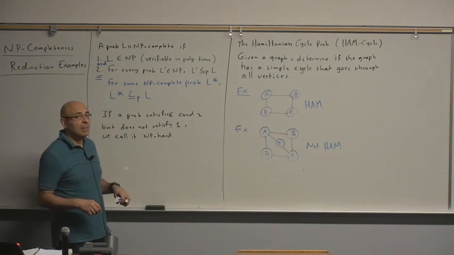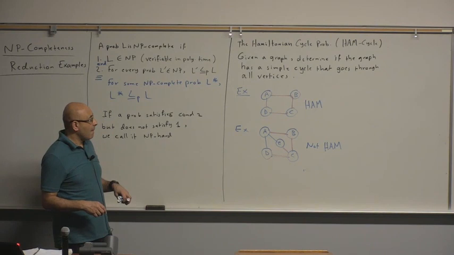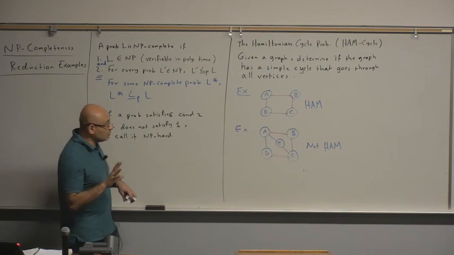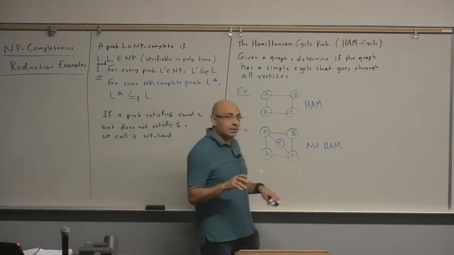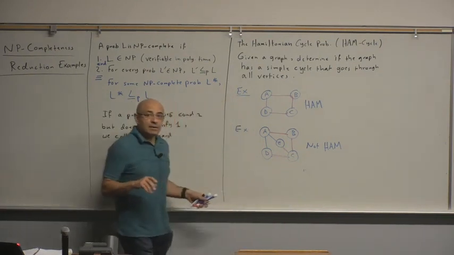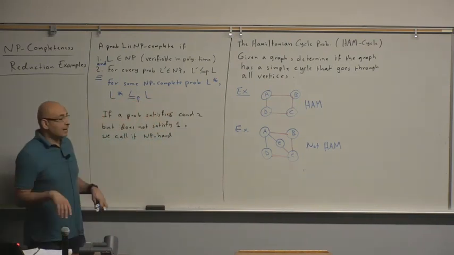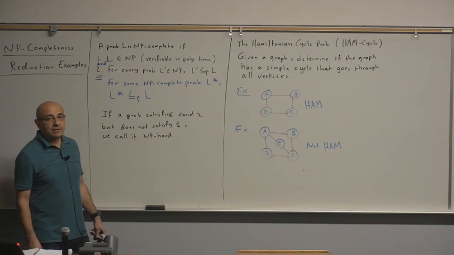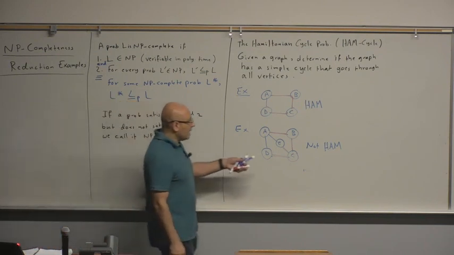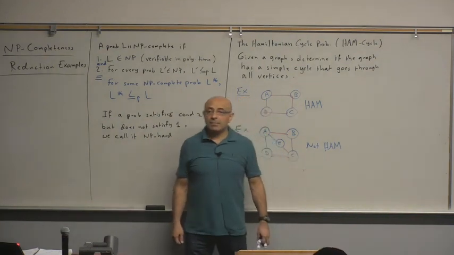Because I was originally thinking you could go B, C, D, A, E. But then that's not a cycle because you can't go back to B. Yeah. So it could be a cycle, but not a simple cycle. So you cannot find a simple cycle, right? You can find a non-simple cycle, a cycle that visits the same vertex more than once. But that's not what we want. We want a simple cycle. And so this is not Hamiltonian.